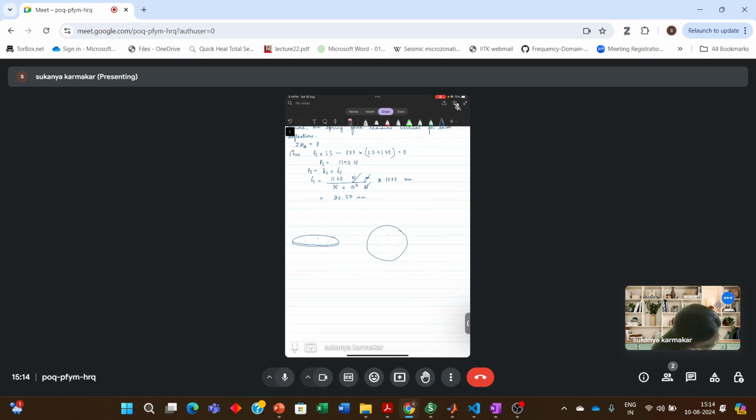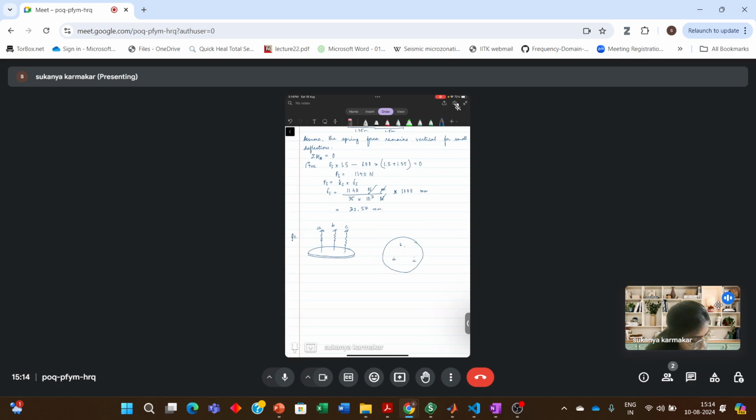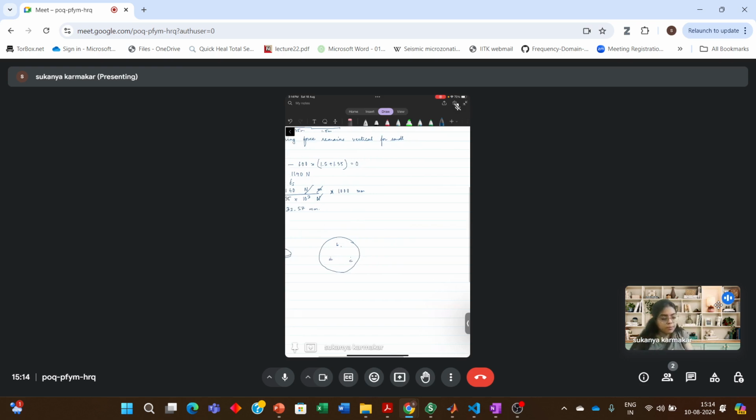Here you have springs A, B, and C. This is spring A, this is spring B, this is spring C. And if you look at the plan view, let's assume you're looking at this setup from the top.